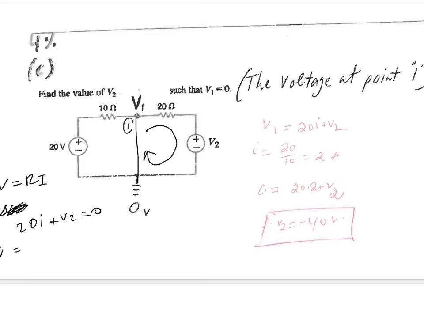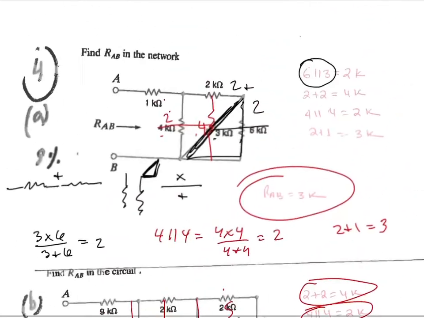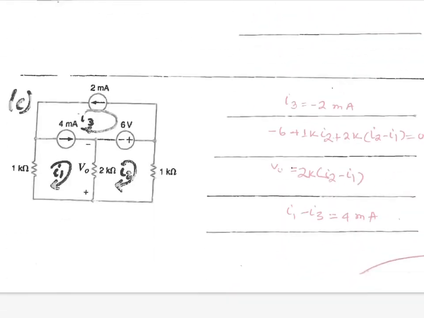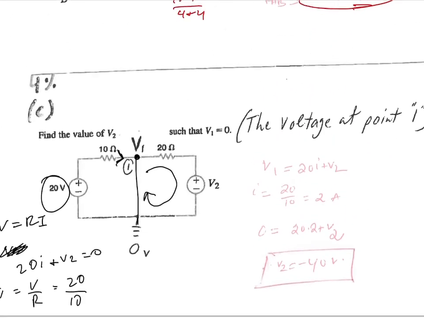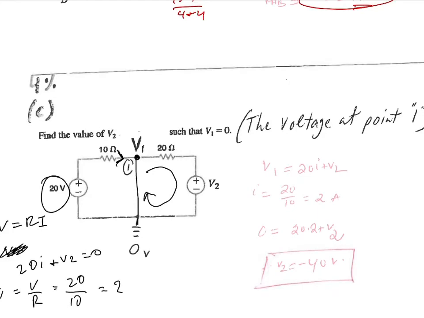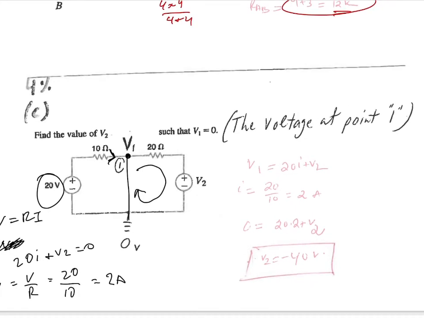We know that I is equal to V over R. And so what is our voltage? It is over here, 20 over 10, which is the current that is flowing into this V1 here. 10 is the resistance, and so that equals 2 amps.